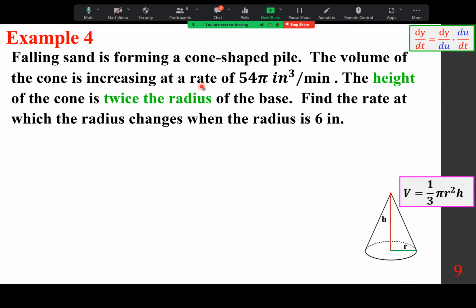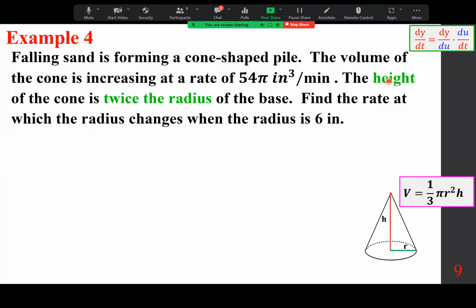The very first thing we see, the volume is increasing at this rate. The moment you see rate or per minute, per week, per unit of time, we are dealing with related rates. This is dV dt. This is the volume. dV dt is 54 pi cubic inches per minute.